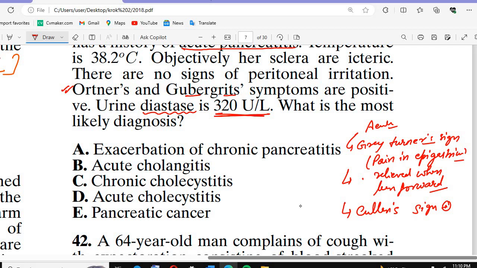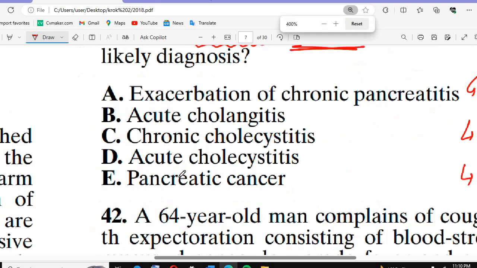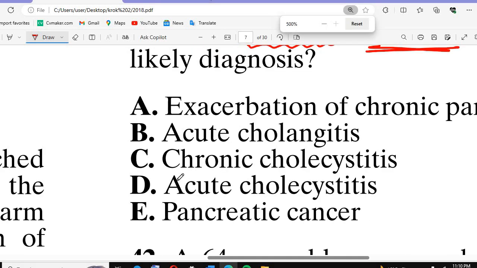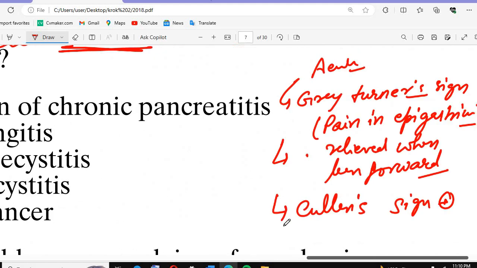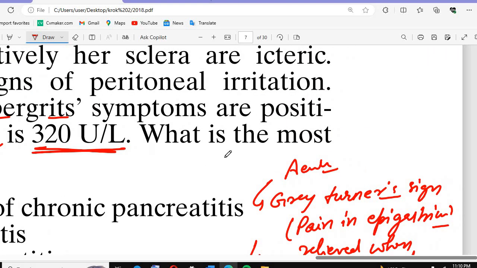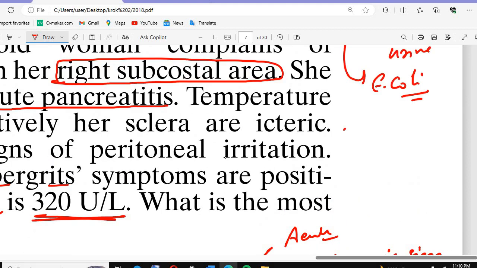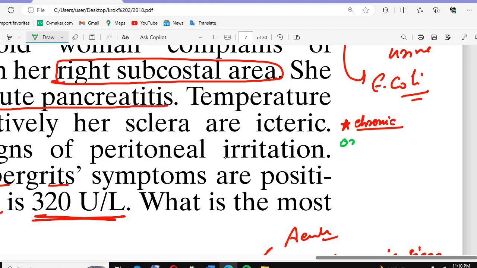Then in case of the chronic conditions, always remember, in the chronic we see the Ochsner sign.